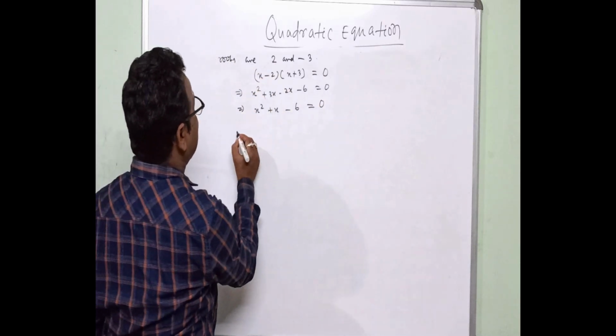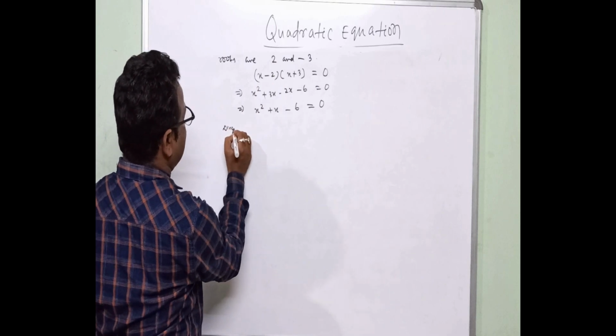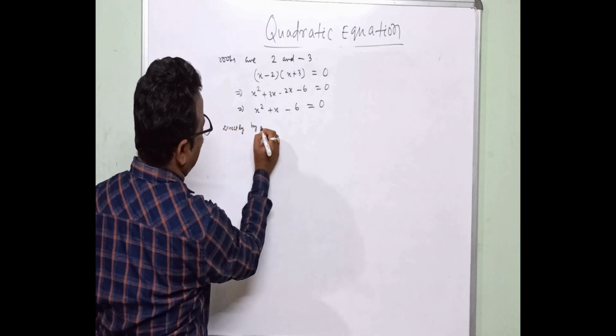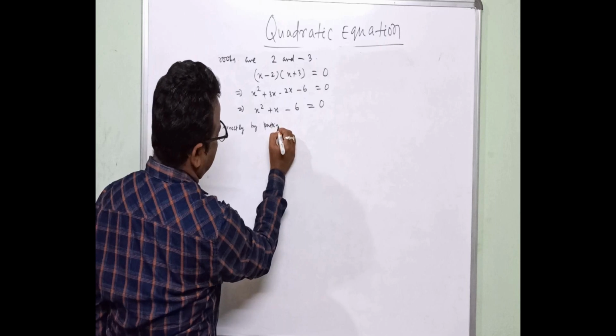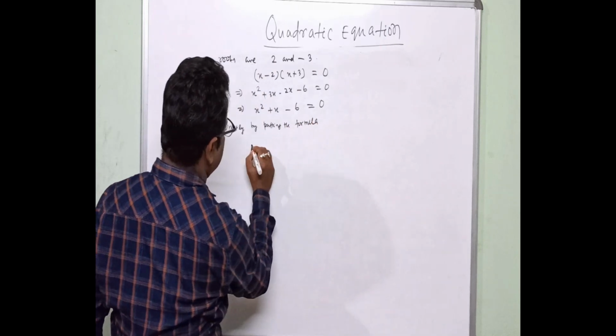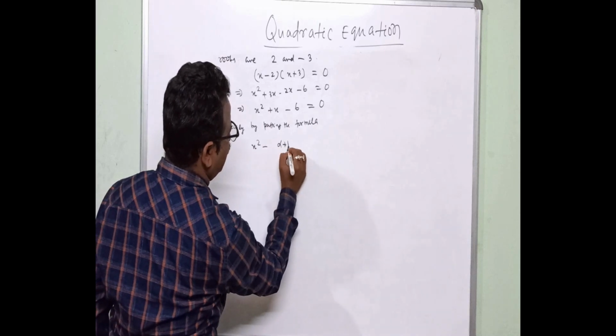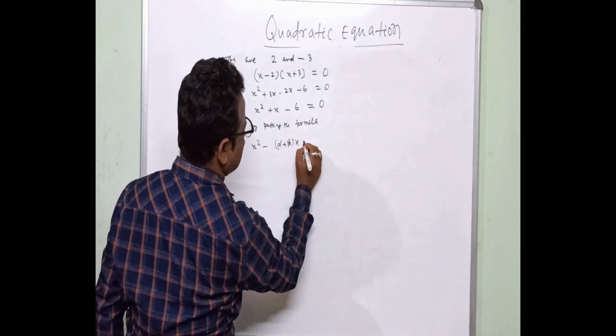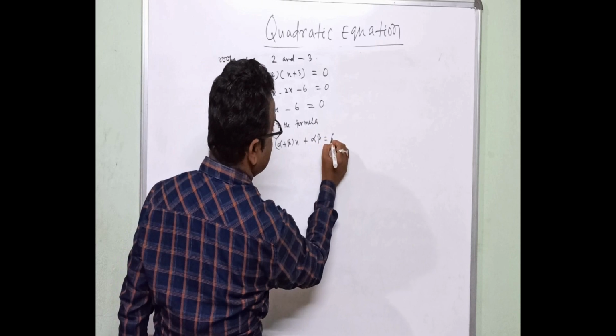Or directly I can write by putting the formula. What formula? x square minus (alpha plus beta) into x plus alpha beta is equal to 0.